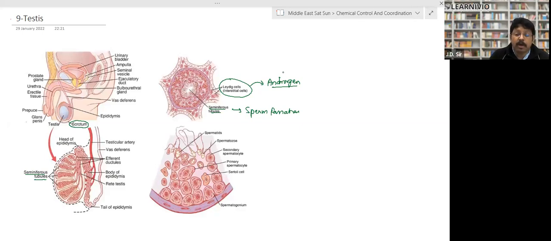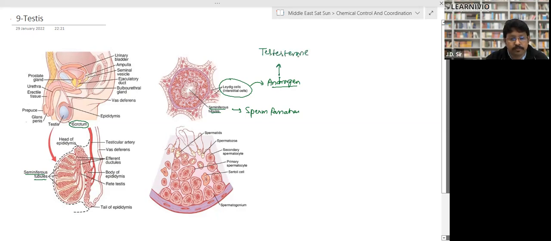The principal androgen, meaning the main one, is testosterone.